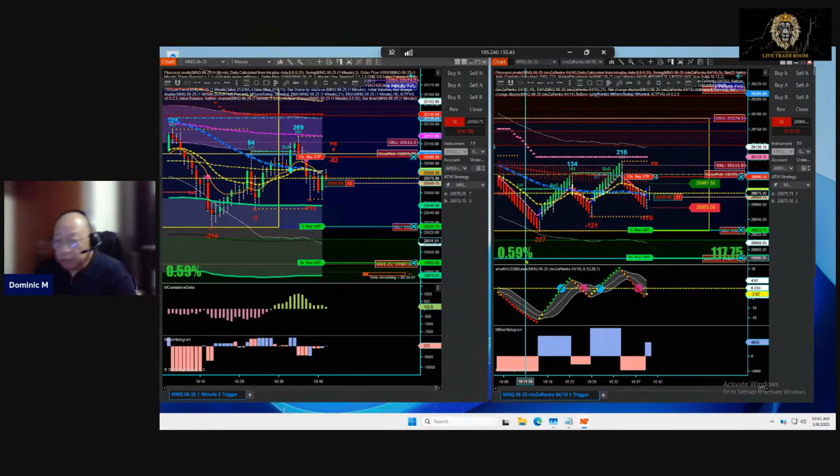So let's see. We got 7 seconds. Let's see what happens. See, it's below. It closed below that close of the previous candle. There we are, which gives some hope it may continue back down.